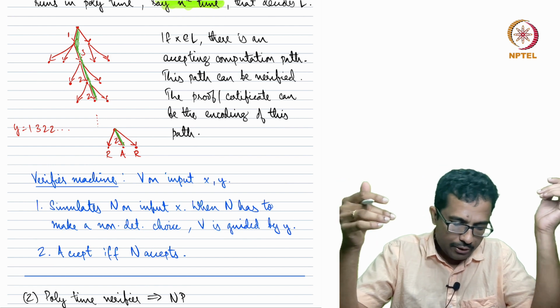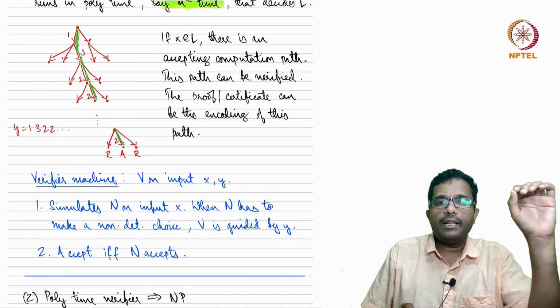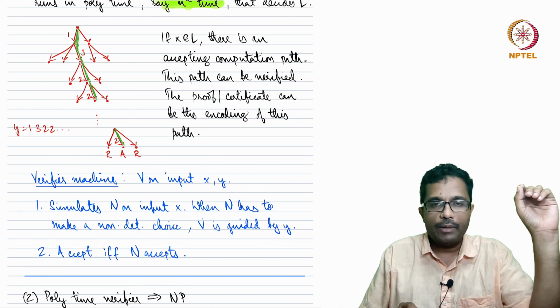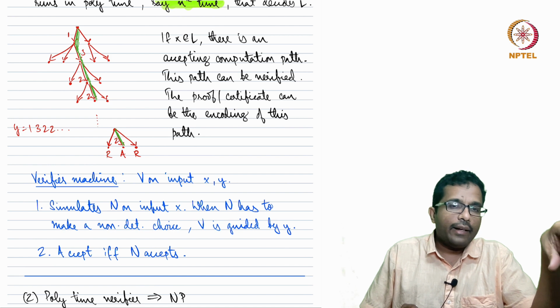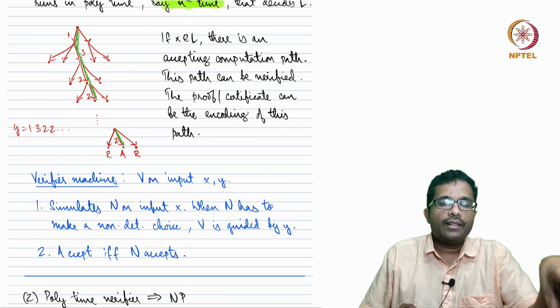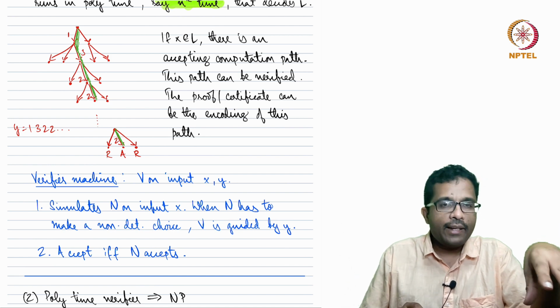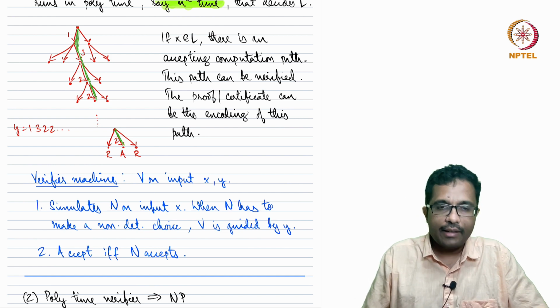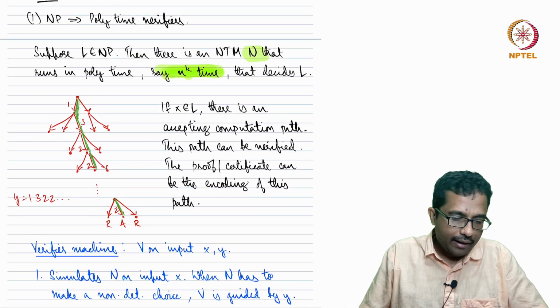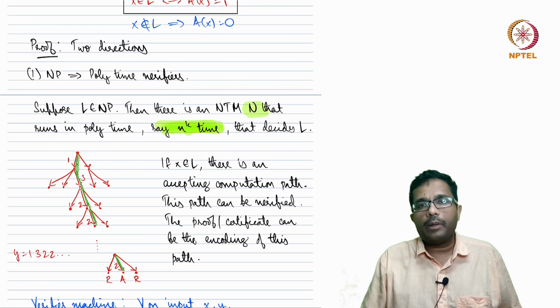So the verifier machine is simply a simulator of N on the input, and whenever there is a non-deterministic choice, it looks up y to decide which path to take. That shows that if L is in NP, it has a polynomial time verifier.